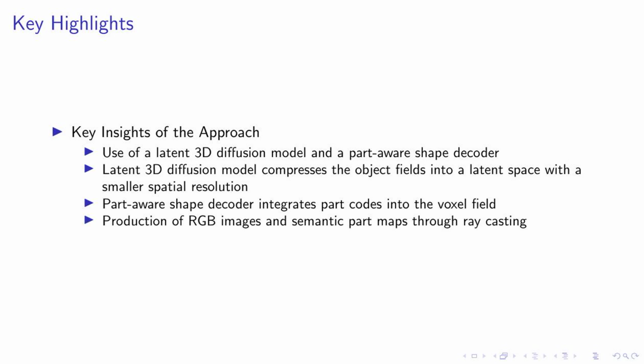The part-aware shape decoder integrates part codes into the voxel field, generating part-aware shapes with high-quality rendered images. This establishes relationships between different parts of the voxel field. Our method produces RGB images and semantic part maps through a process called ray casting, which is a technique for creating a 3D perspective in a 2D image. End itemize. End a frame.